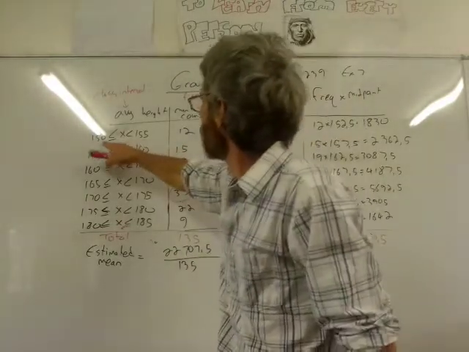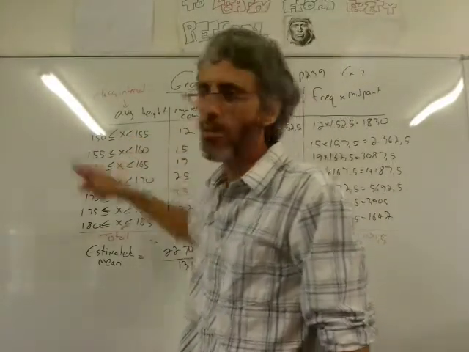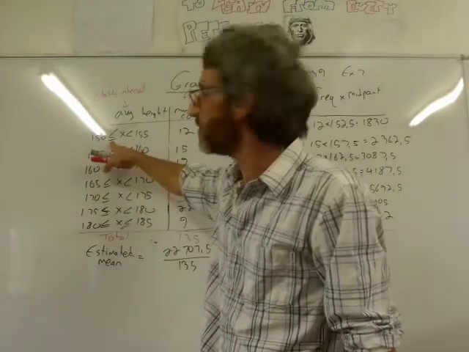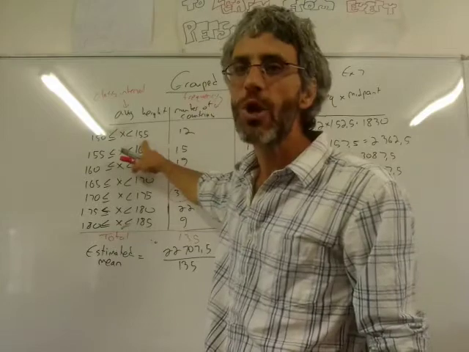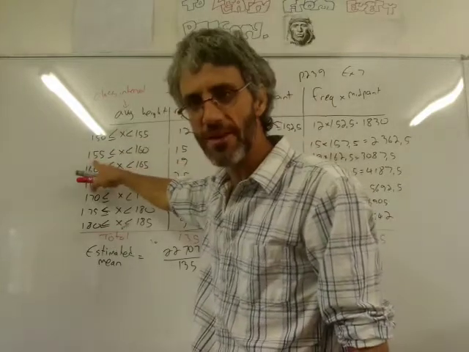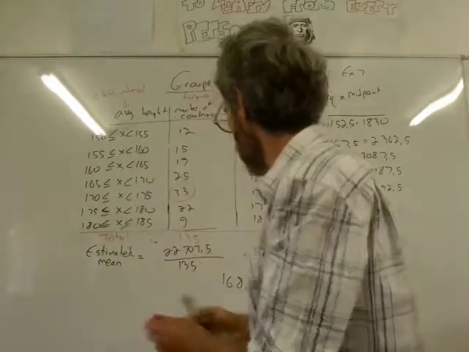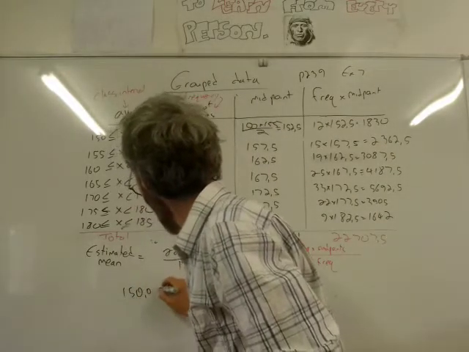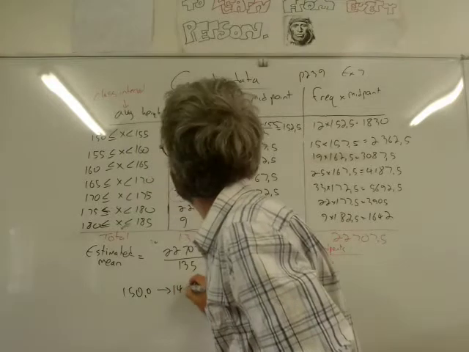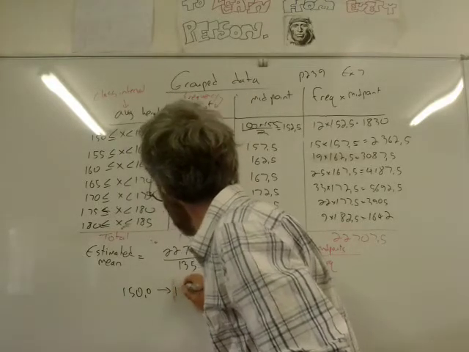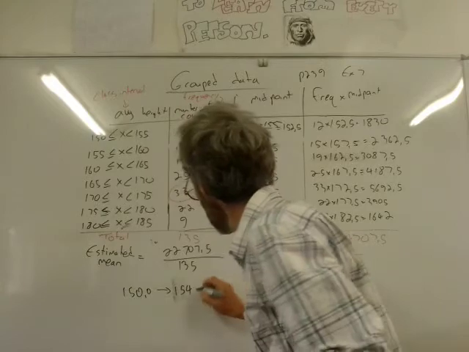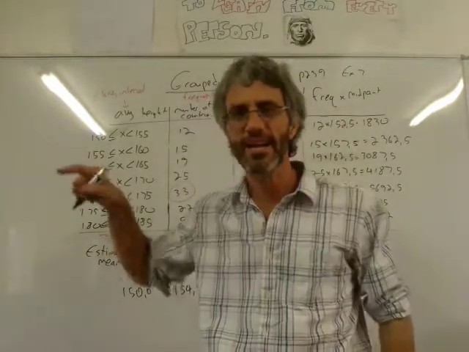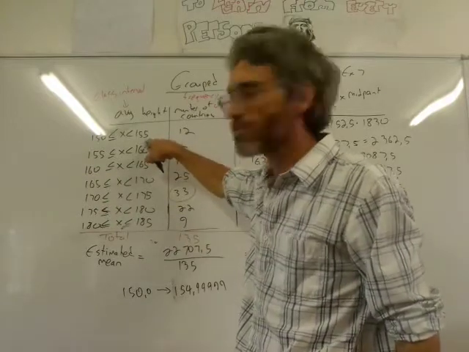So the values in this class interval are anywhere between 150.0, since it includes 150, all the way to 154.99999. Even at 154.99999, you're still in this class, not the next one.